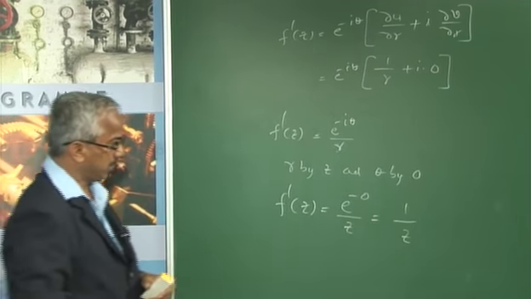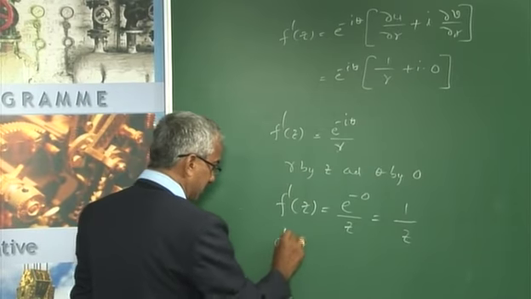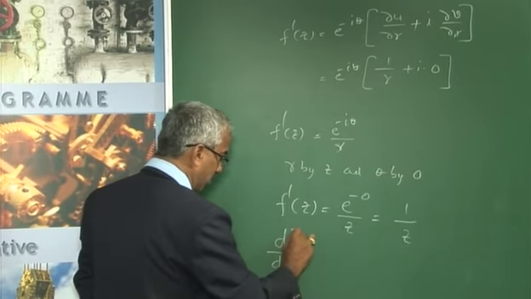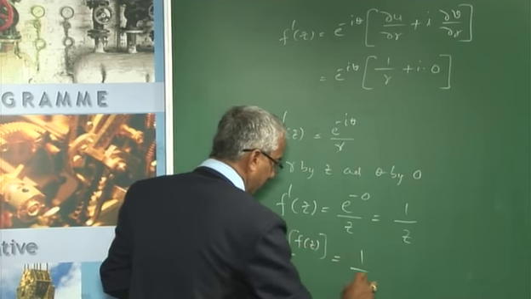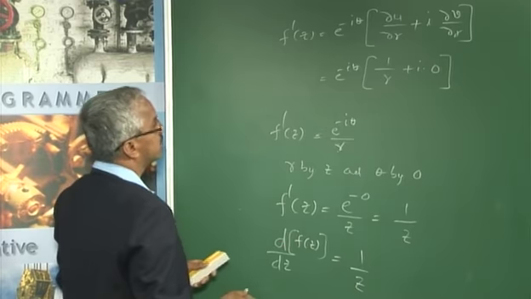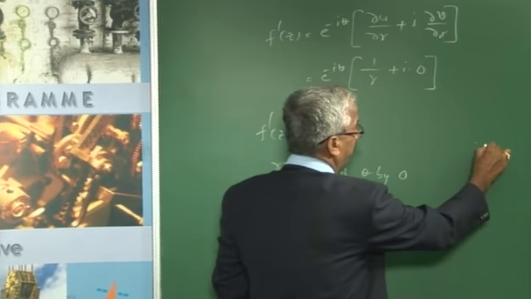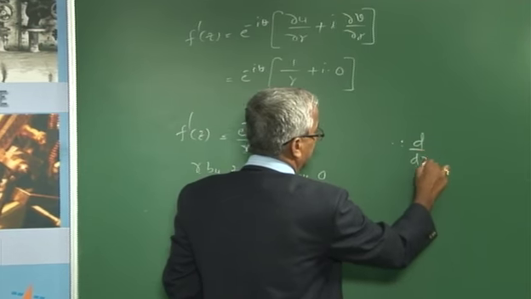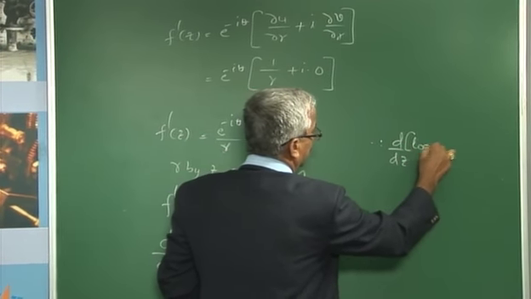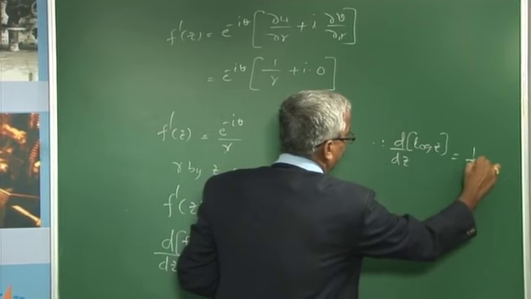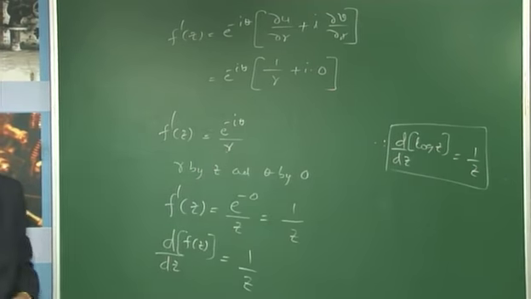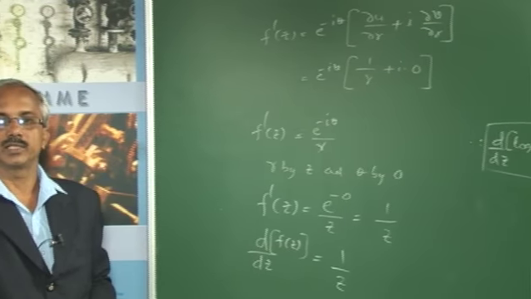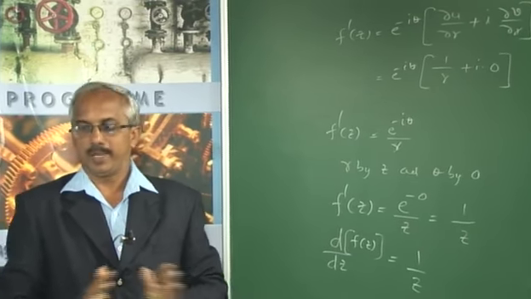So, e power 0 is 1 and this is nothing but d by dz of f of z, which is equal to 1 by z, and f of z is equal to log z. Therefore, d by dz of log z is equal to 1 by z. So, the derivative of the complex function log z is equal to 1 by z.